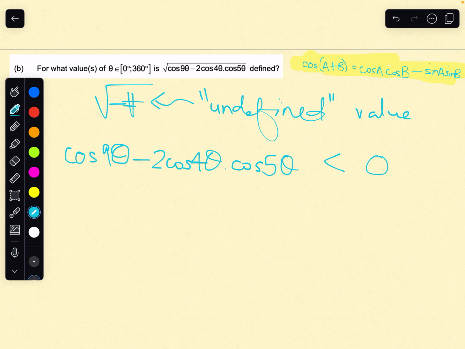Okay, so then I'm going to write cos of 9 theta as cos of 4 theta plus 5 theta.